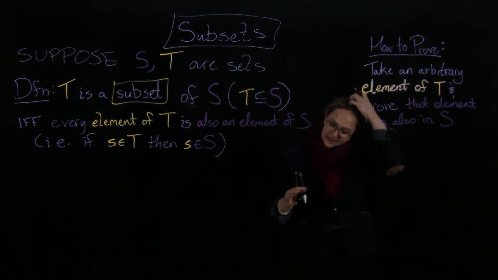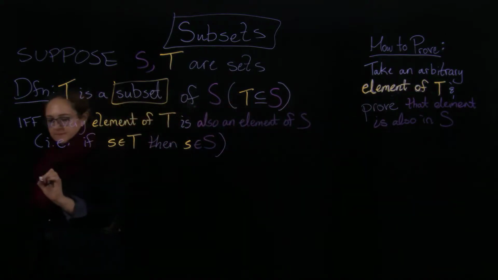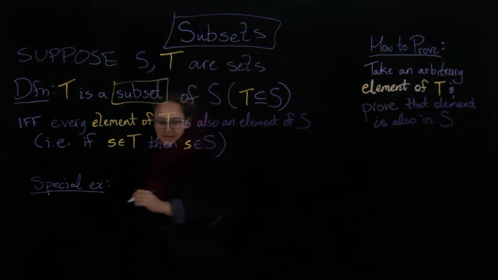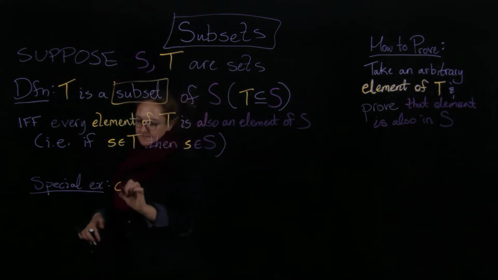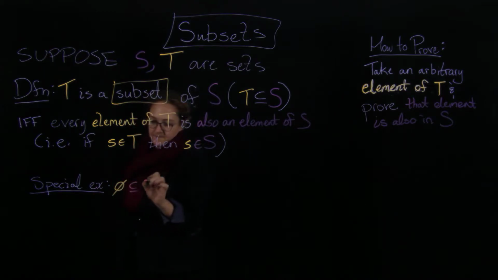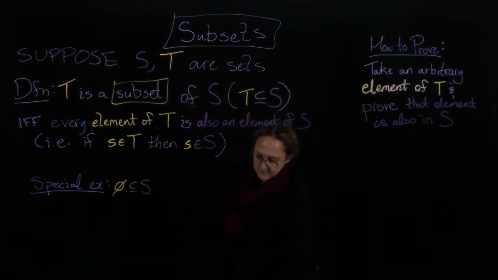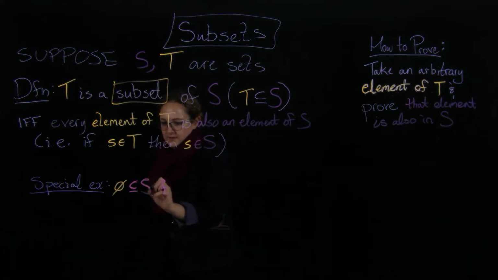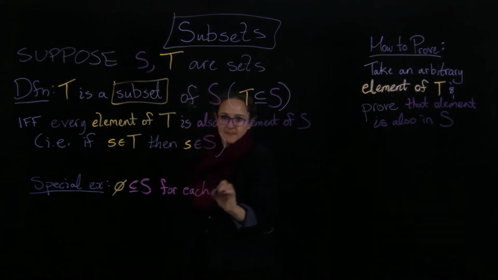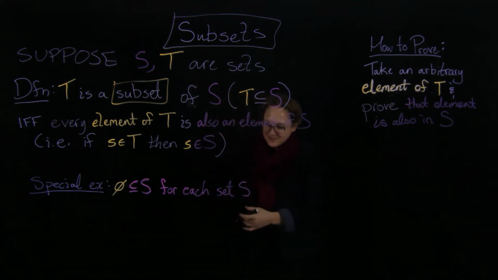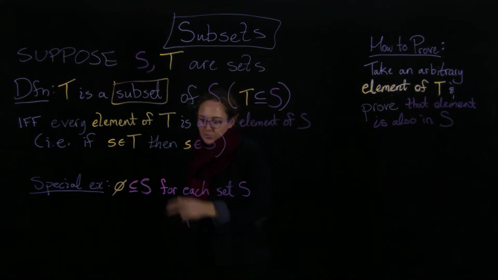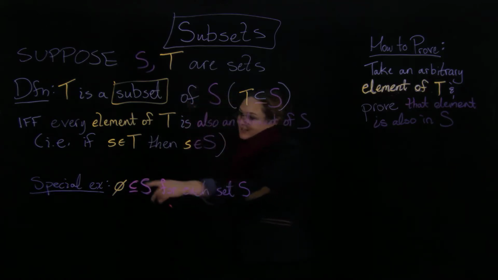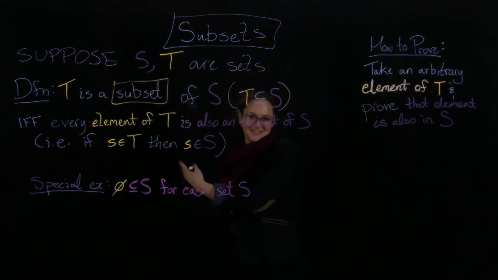So let's look at a special example. We have that the empty set is actually a subset of S, and this is going to hold for each set S. And the way that you would show that is, if the empty set was not a subset, then it would contain some element that's not an element in S, but it doesn't contain any elements, so that can't happen.